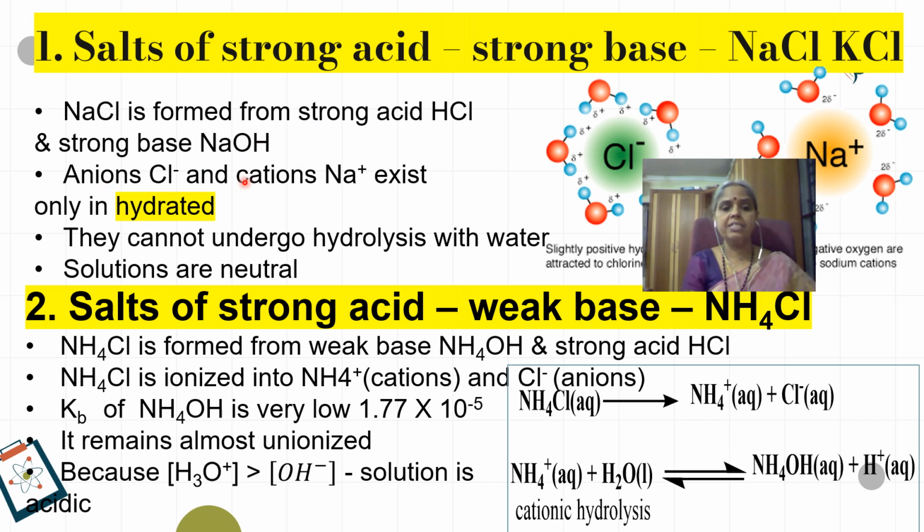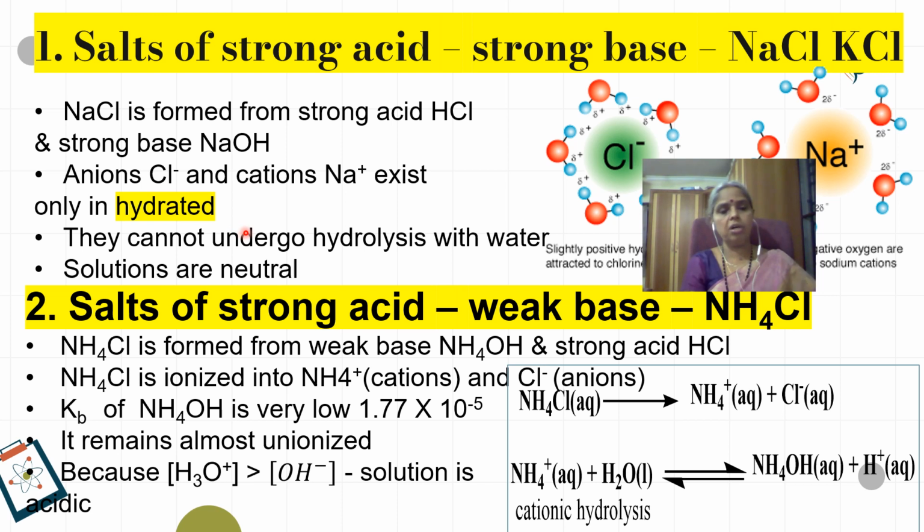Here anions and cations. So what anion will you get from NaCl? Cl minus. What cation will you get from NaCl? Na plus. When you put NaCl in water, you will get Cl minus ions and Na plus ions, but mind you, they are only hydrated. They don't cause hydrolysis.